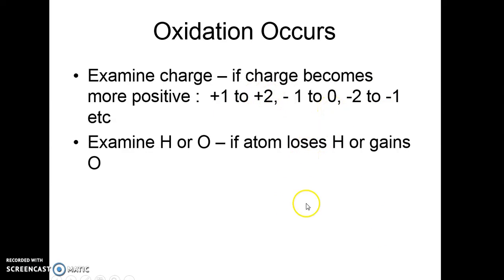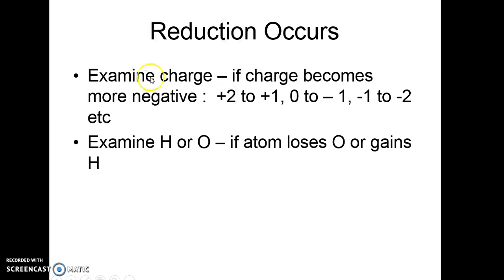Okay, so when the question is regarding redox, what you do, you look either at charge or you count the number of hydrogens and oxygens. If it's oxidation, the charge is becoming more positive. Or if you have to examine hydrogen or oxygen, the atom loses hydrogen or gains oxygen.